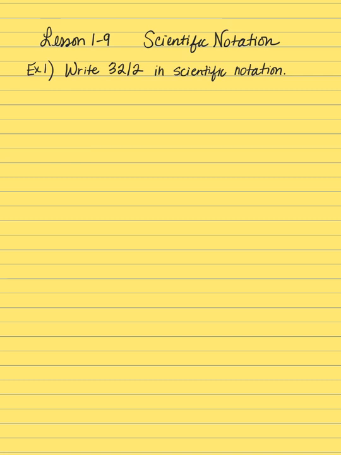A lot of times, people who work in a lab or work with really large or really small numbers in their line of work need a way to write them shorter and not have to write out a number like 24,830,620,000. Instead of having to write a bunch of those numbers, using scientific notation is just shorter, it's simpler, it's easier to handle and easier to do operations with.